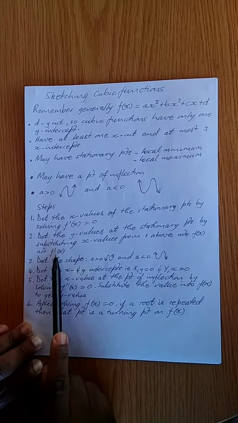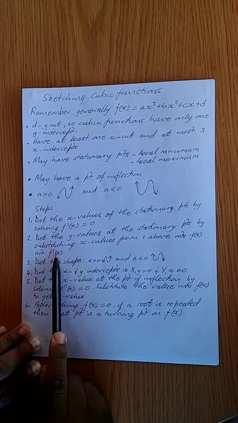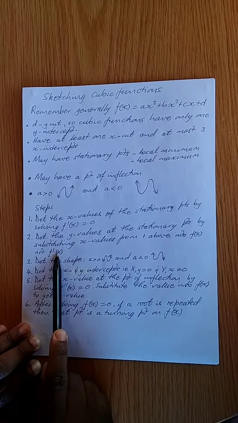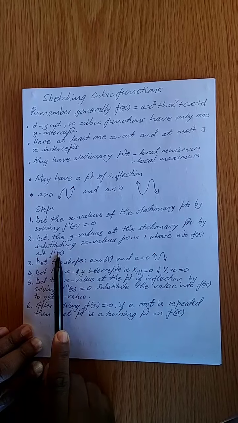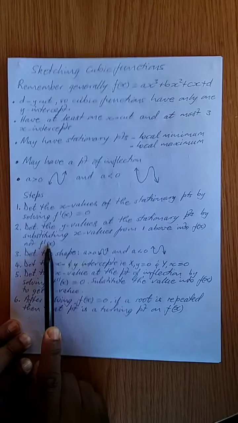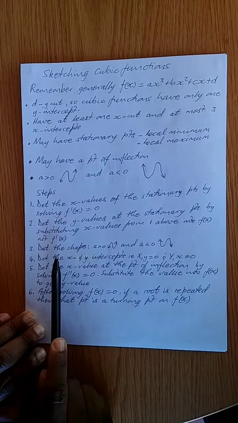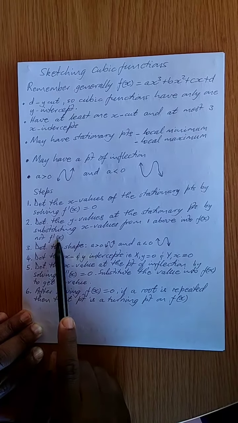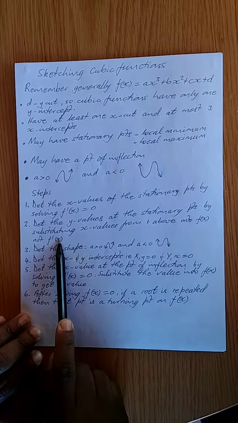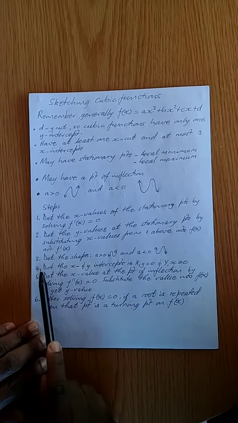Do not substitute into f dash of x. When finding the corresponding value at the stationary point, we substitute that value of x into the function f of x to get our corresponding y.